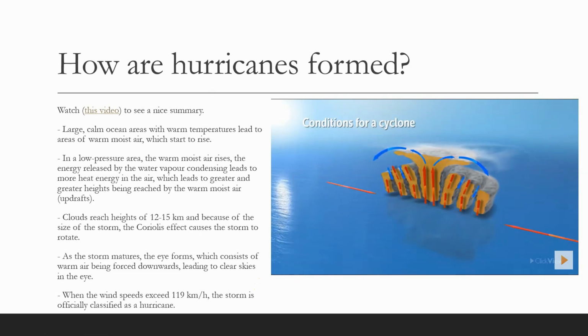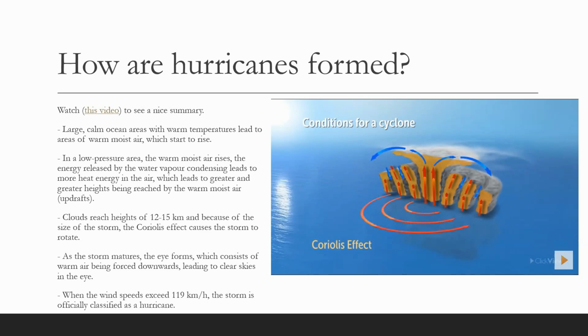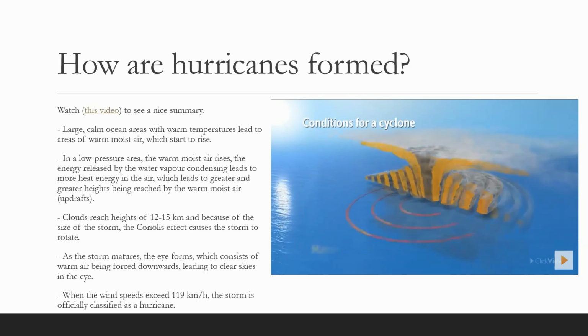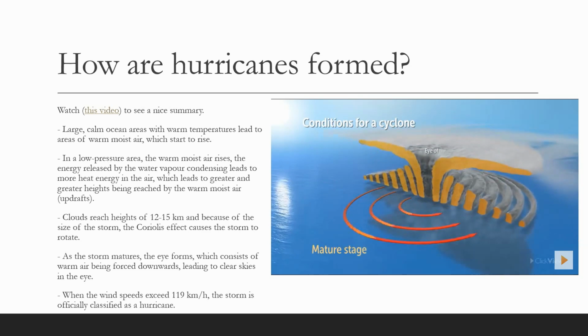Drawn further upwards by the new release of energy, the clouds can grow to 12 to 15 kilometers high. The force created by the Earth's rotation on a tilted axis, the Coriolis effect, causes rising currents of air to spiral around the center of the tropical cyclone. It is at this stage that the cyclone matures and the eye of the storm is created.